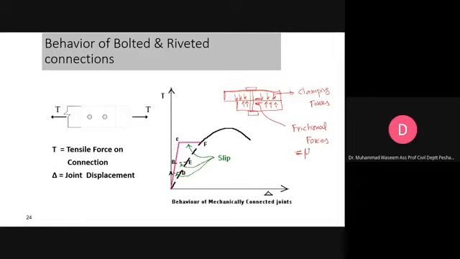So the magnitude of the frictional forces is mu times clamping forces. Okay, mu is the friction coefficient.